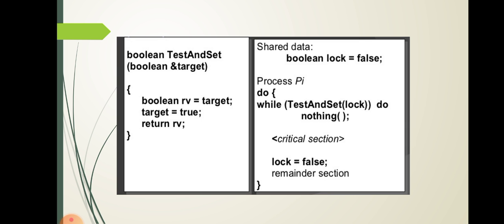In that we have a boolean pointer target. Inside it we have written boolean rv equals target, then target equals true, and return rv.